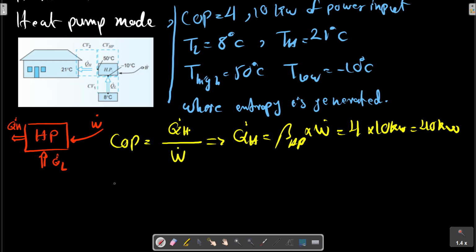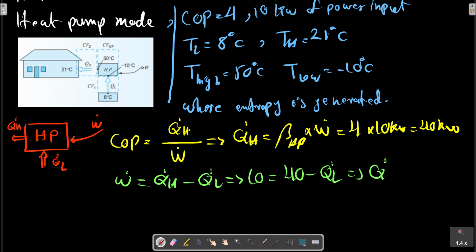We know also W dot equals to Q dot H minus Q dot L, so 10 equals 40 minus Q dot L, and Q dot L equals 30 kilowatt.